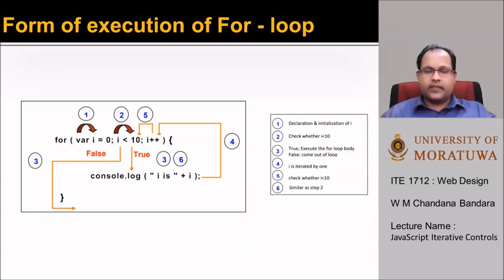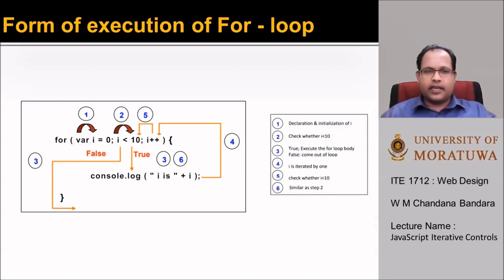So it will put a text in the log as I is, now in this case, I is 0. And then as the fourth step, it will go back to this section and do the operation we have mentioned here. In this case, it is add 1 to I. I plus plus means increment I by 1. So earlier I was 0. After this operation, I is 1.